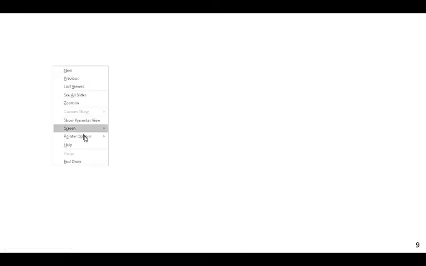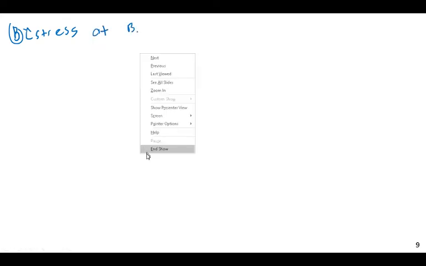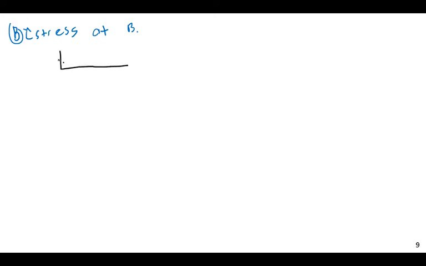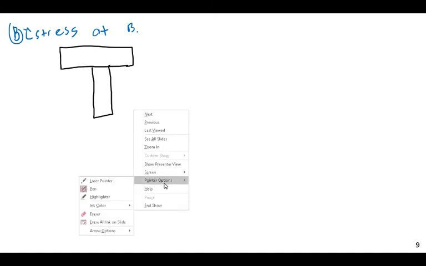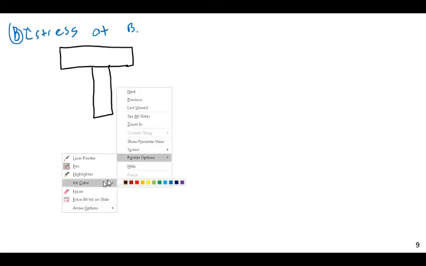Alright, what about the stress at point B? Here it is important which direction we choose the Q. Tau stress, shear stress at B. So I'll draw this, and here we're now looking at a point well above the neutral axis.